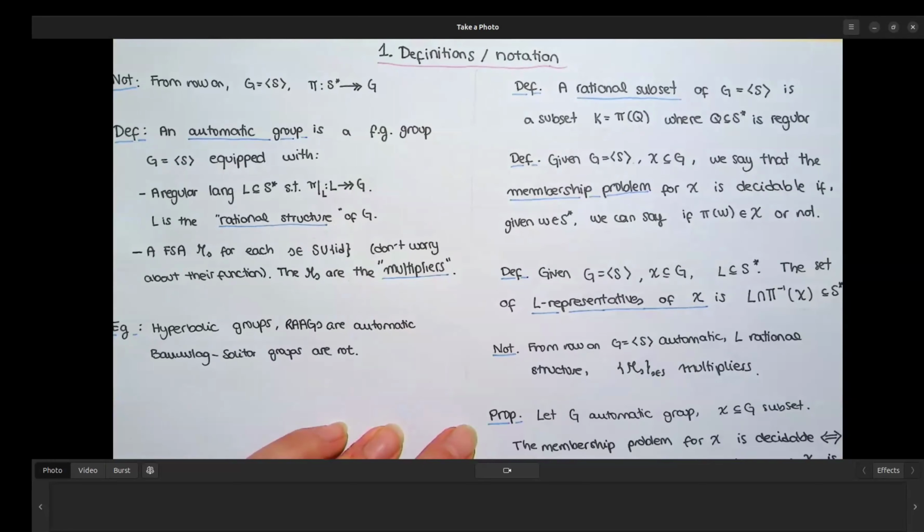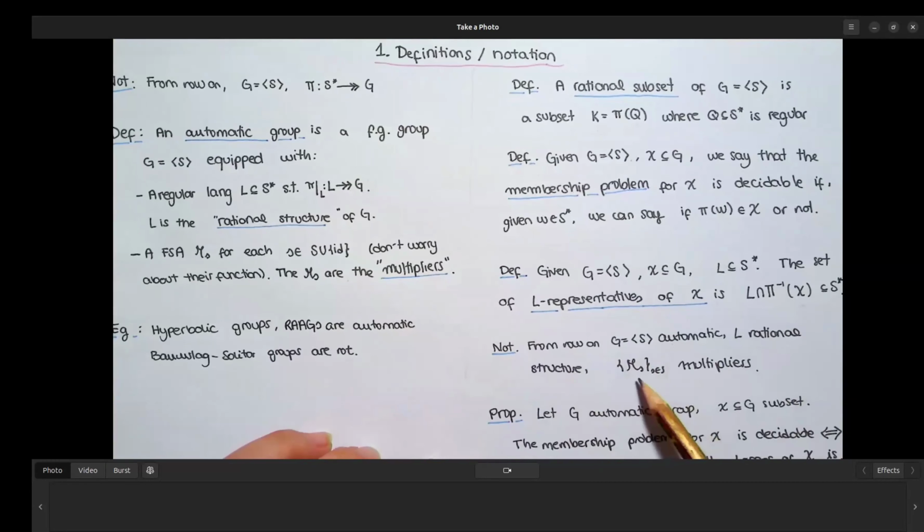And putting these definitions together, from now on, the whole of the talk is going to be about an automatic group, and I'm going to use the letter L to denote its rational structure, and M sub S for its multiplier. So in case I forget, remember L is just the rational structure of an automatic group.